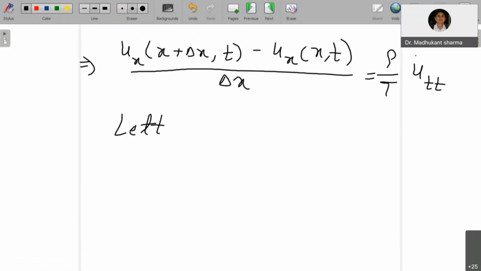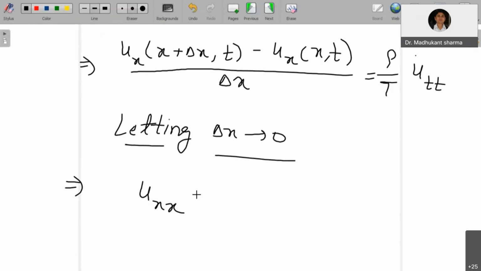Because you have chosen Q and P apart by delta x, let P go closer to Q, so delta x tends to 0. Letting delta x tend to 0, the left hand side tends to uxx at (x, t) equals rho by T utt, which is nothing but the wave equation.